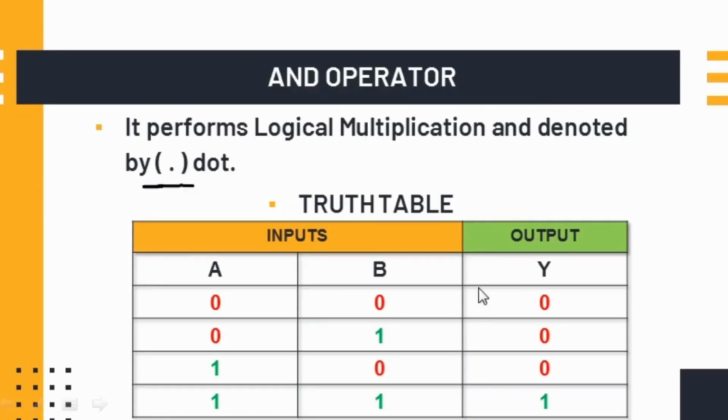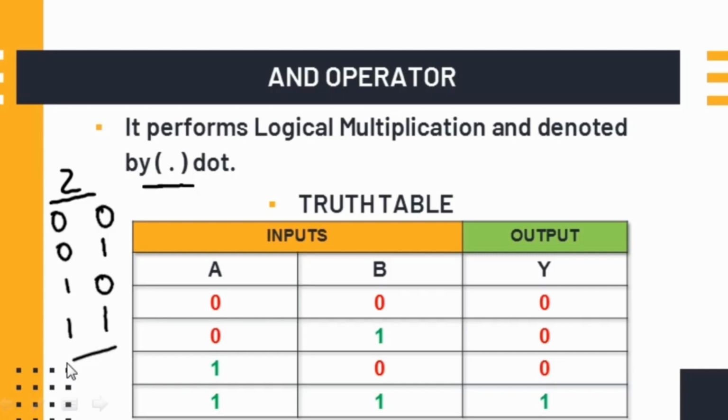This is the symbol of the AND gate. It gives a high output only if all the inputs are high. Here A and B denote the inputs, and C is the output. We have the AND operator, which performs logical multiplication and is denoted by a dot symbol. Here we can have the possible inputs 0 1, 0 1, again two zeros and two ones.